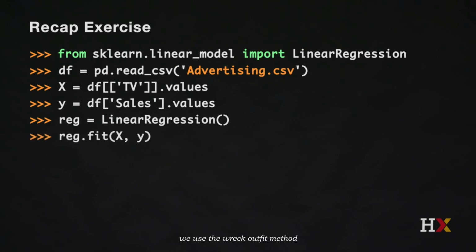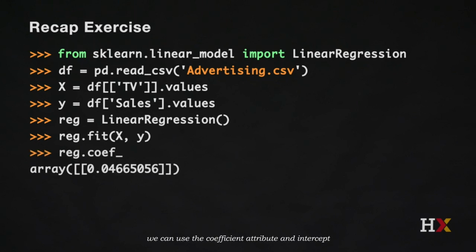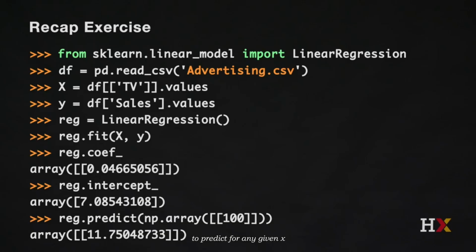We use the reg.fit method, passing in the data X and Y to fit the model. Once this is done, we can use the coefficient attribute and intercept attribute to investigate our values, and we use the predict method to predict for any given X.